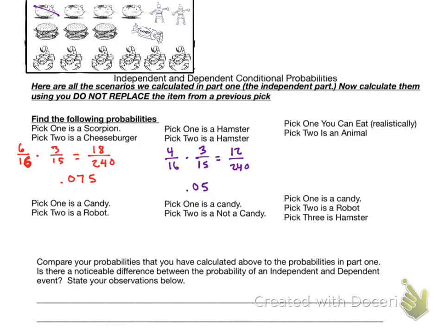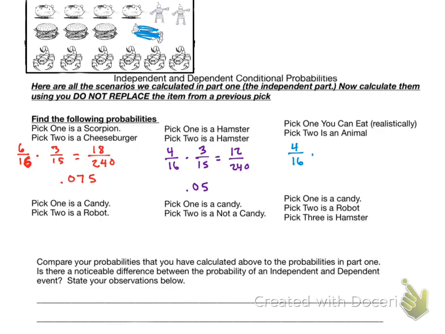Okay. So pick one is something you can eat realistically, and that was going to be these 4 here, right? The 3 cheeseburgers and the candy. So that is 4 out of 16. And imagine that we picked, let's say, the candy, the edible one. Times pick 2 as an animal.